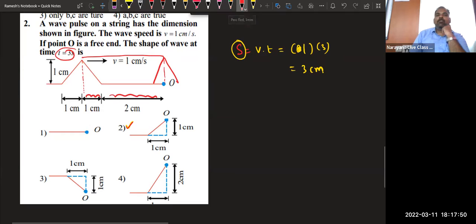So after 3 seconds, as it is a free end, it will appear like this. Correct? So this is 1 centimeter, this is also 1 centimeter. So option 2 is the perfect answer. Very good.